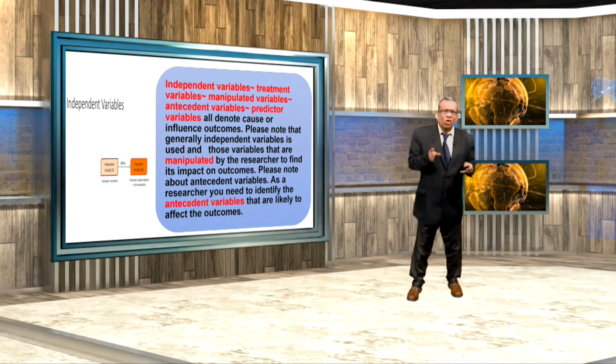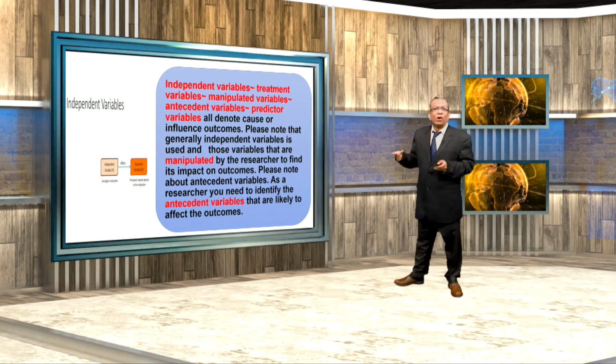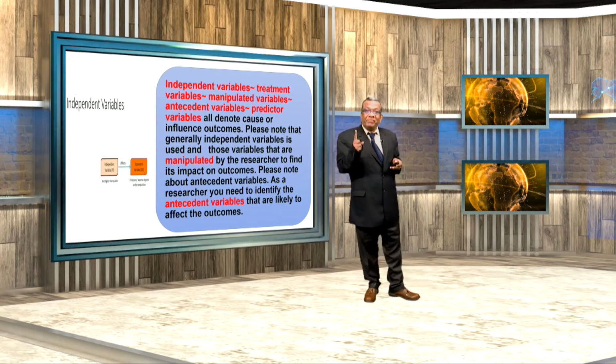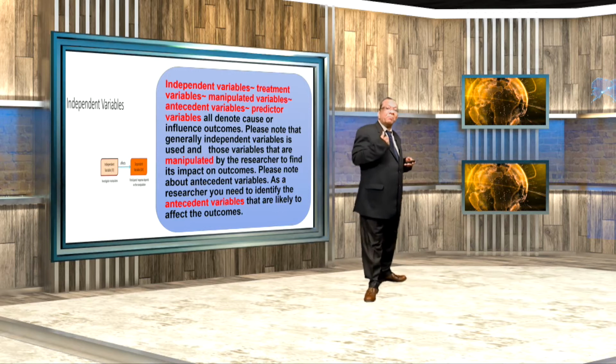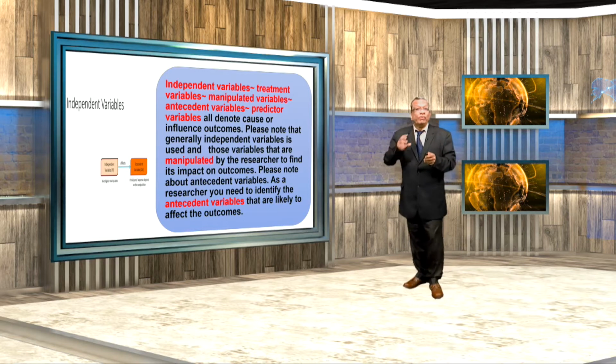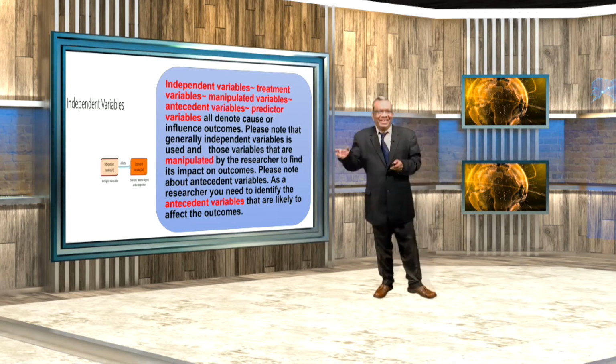All denote cause or influence outcomes. Please note that generally independent variables is used, and those variables are manipulated by the researcher. In fact, as a researcher, you will be manipulating independent variables to find its impact on outcomes.